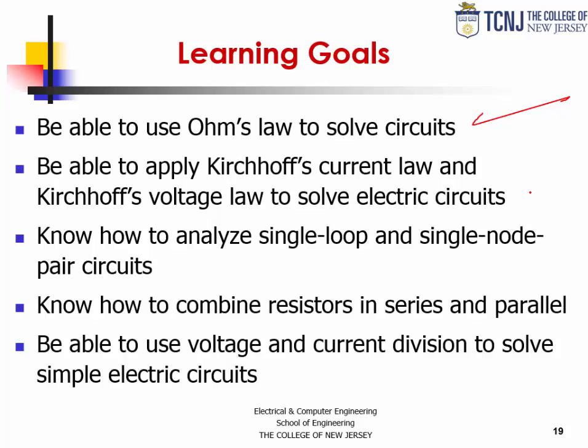We defined what a loop, a node, and a branch were, and we used that to derive the combination, for example, of resistors in series and resistors in parallel. And we also saw voltage divider circuits and current dividers as well.